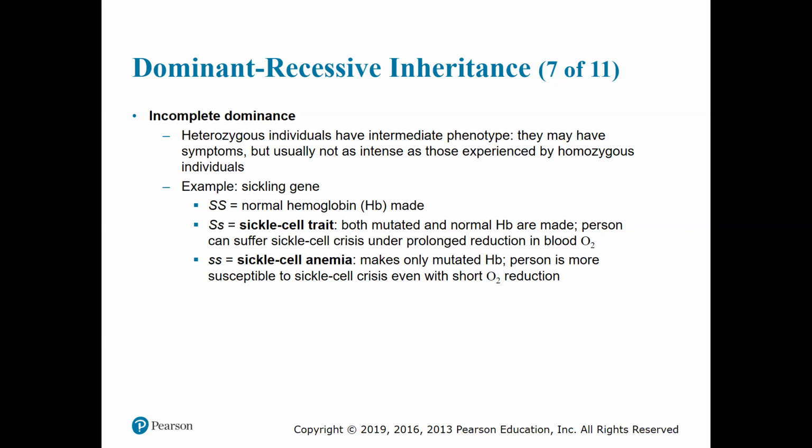Does that one make sense? Or do you have questions about incomplete dominance? You still do the Punnett square the same. You're just now looking at, instead of 2 phenotypic expressions, don't have the trait or have the trait, like in autosomal recessive, you have 3. You don't have the trait, kind of have it a little bit, and have it fully.